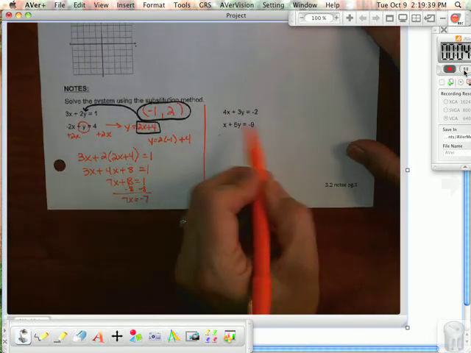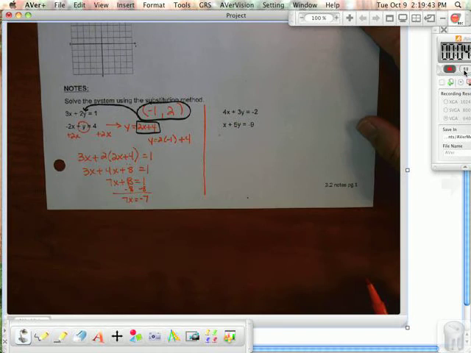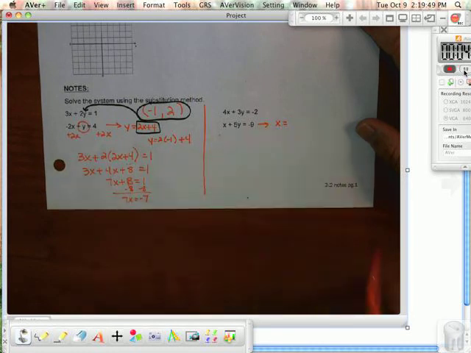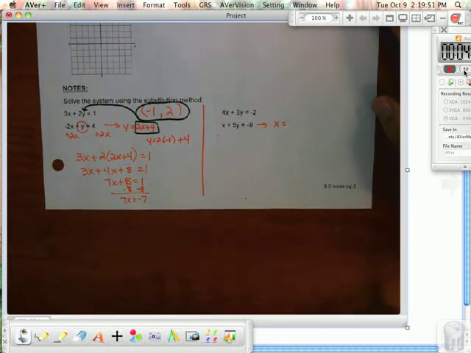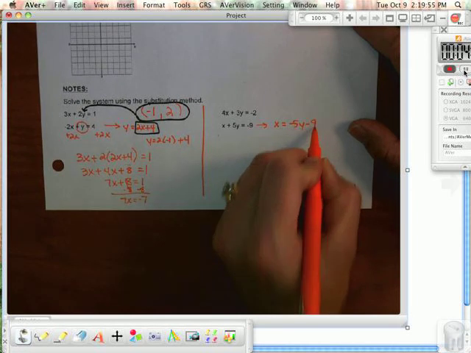Okay. Which one of these is easiest to solve for a variable by itself? The second one. Yes, you can solve for x. It doesn't have to be for y. You can solve for x. So that's what I did.